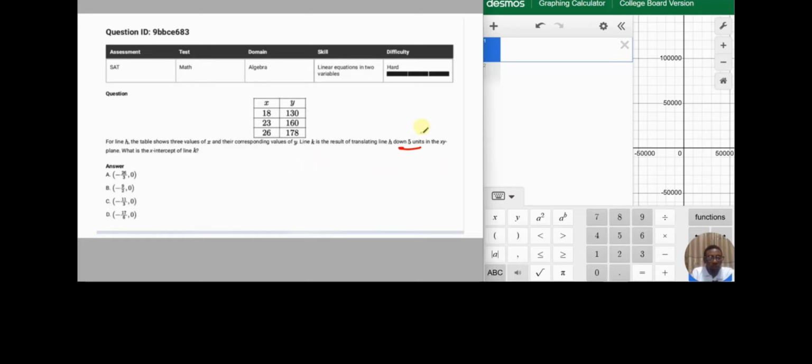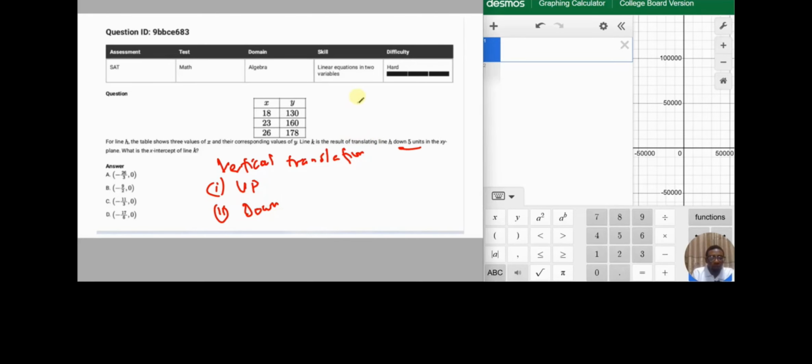So let me really explain vertical translation. I explained horizontal translation in the last example. Now the graph can go up or it can go down.